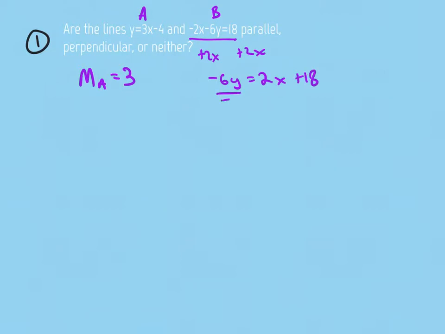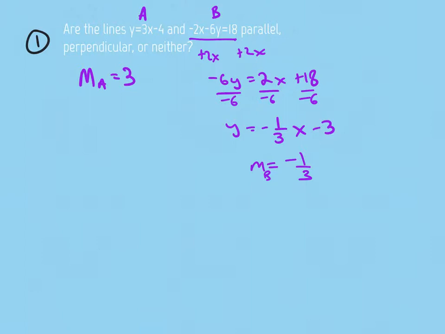Then I divide by negative 6, so I get y equals negative 1/3 x minus 3. So my slope of B is negative 1/3.